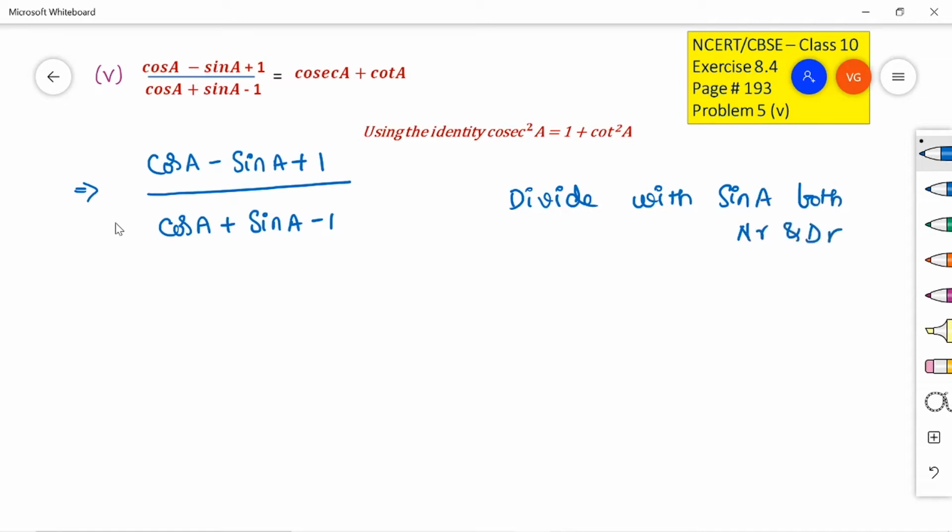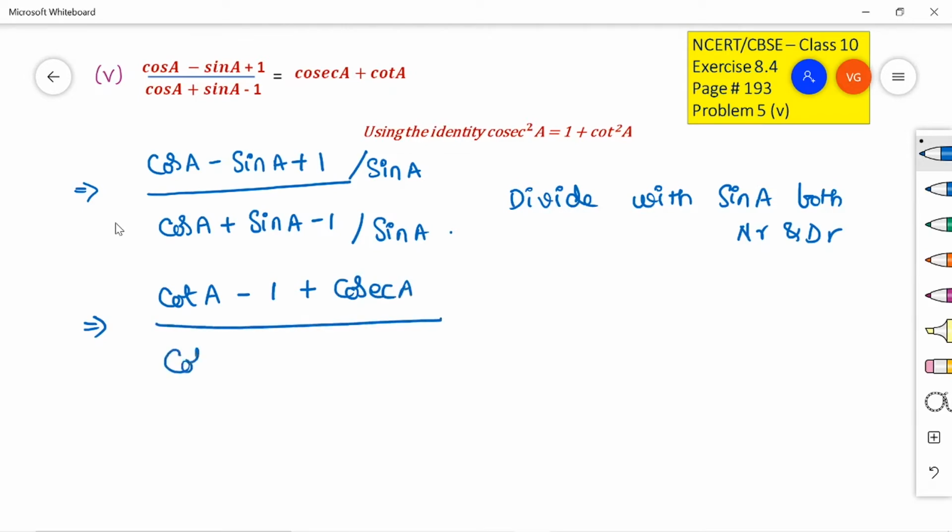Then it becomes cos A by sin A, which is cot A, minus 1 plus cosecant A, divided by cot A plus 1 minus cosecant A.